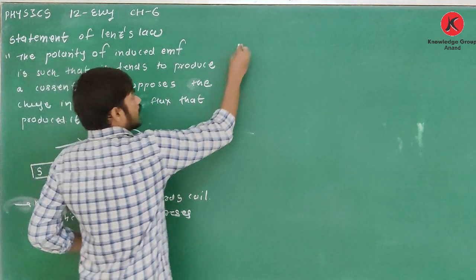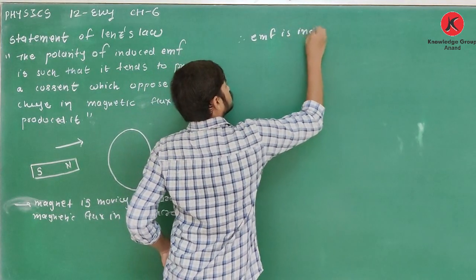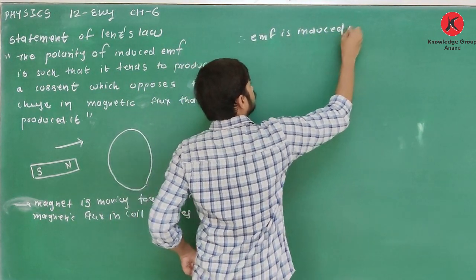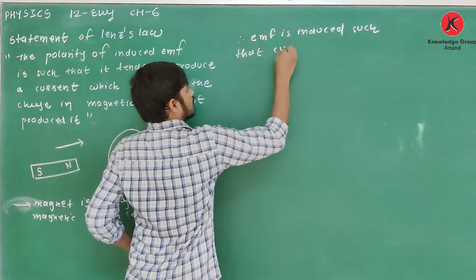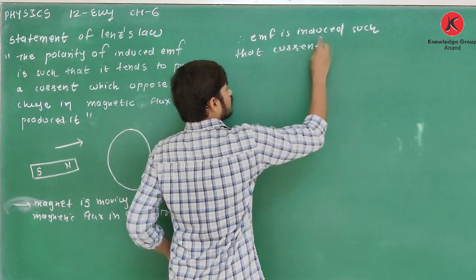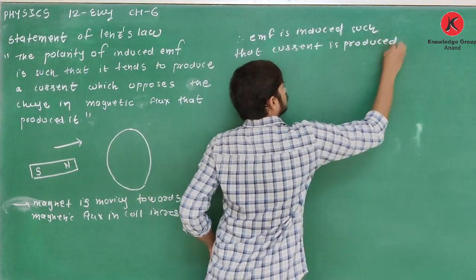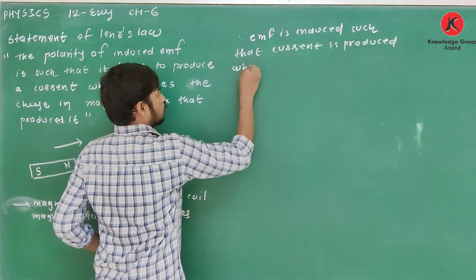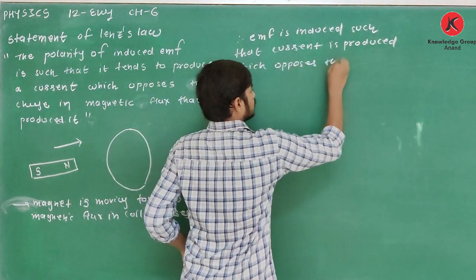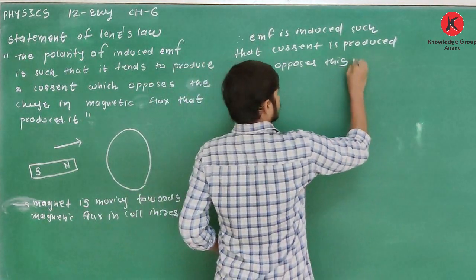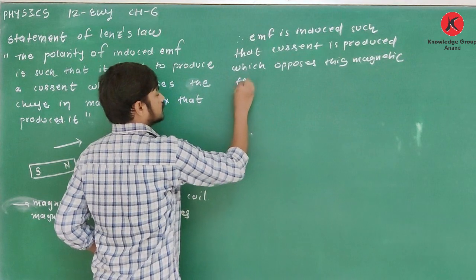So therefore EMF is induced such that current is produced which opposes this magnetic flux.